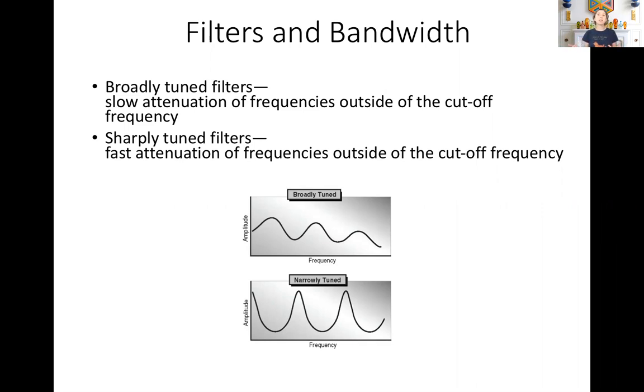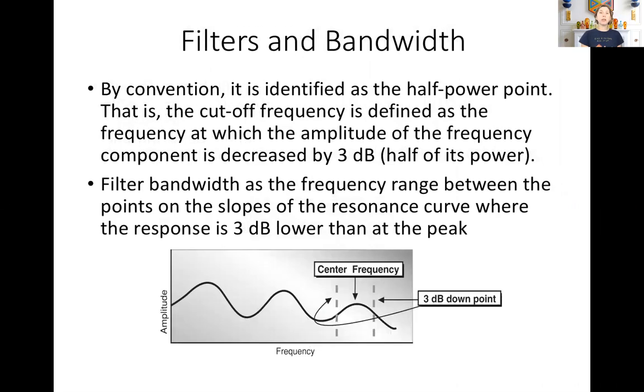So broadly tuned filters have a more gradual attenuation of frequencies, while sharply tuned filters have a faster attenuation of the frequencies that are allowed. So how much does that acoustic energy have to be attenuated in order to say that the filter does not allow the frequency component to pass? By convention, this is identified as the half power point.